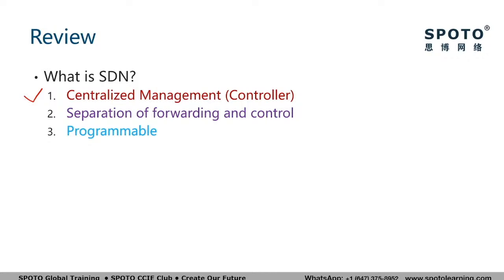Separation of forwarding and control: they have 2 different layers. Control plane is responsible for how the system operates. Forwarding plane is responsible for data forwarding. The third one is programmable. As the name says, software-defined, it needs to be programmable. These are 3 criteria of SDN.